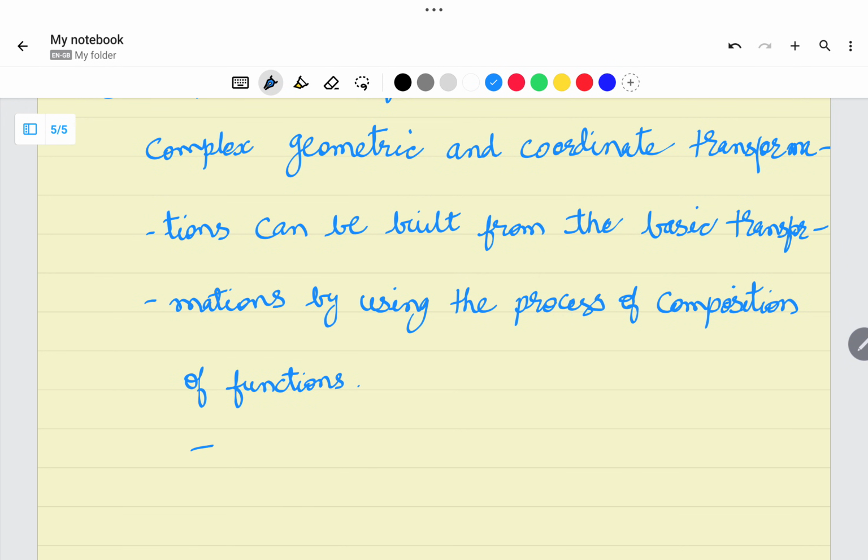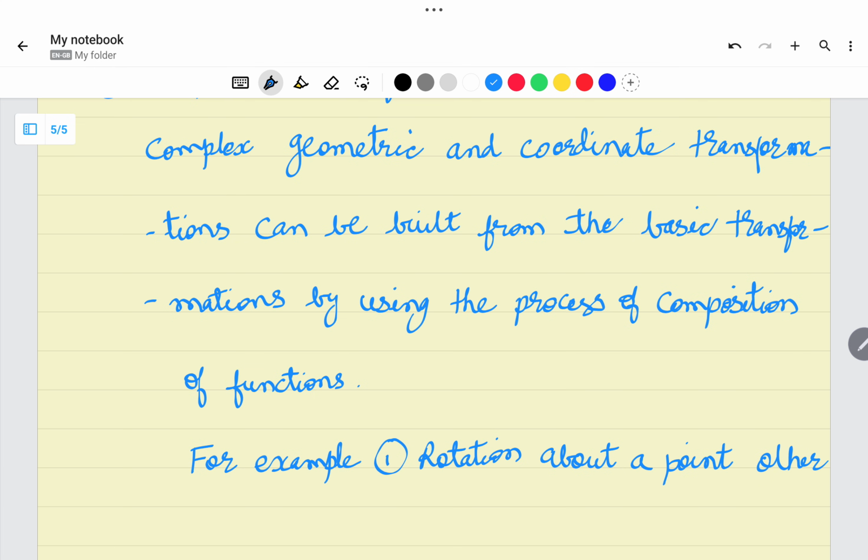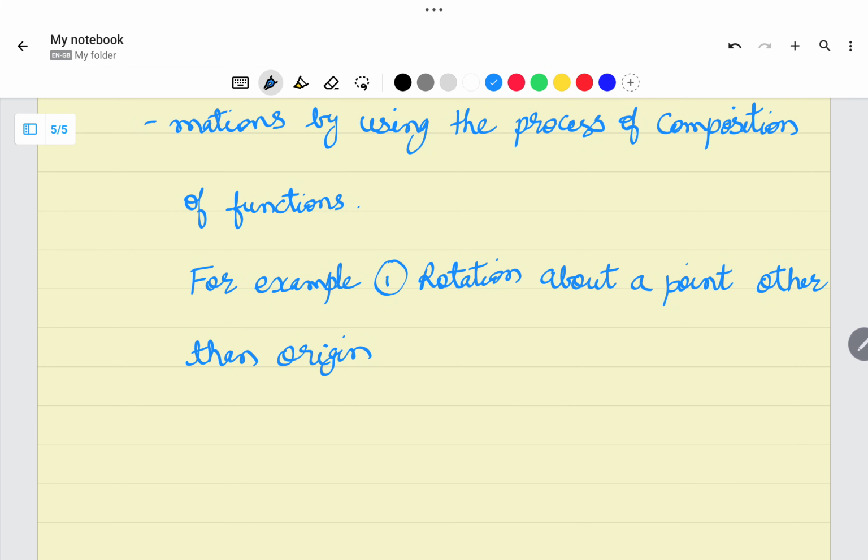For example, rotation about a point other than origin. Or reflection about lines other than axis.